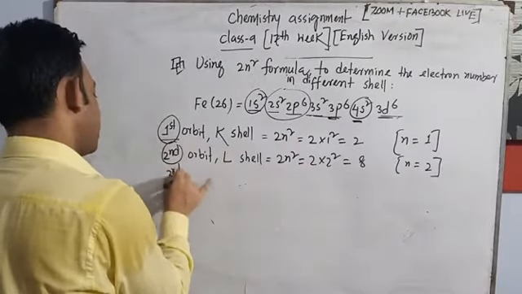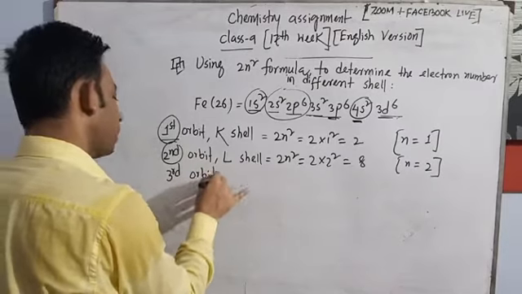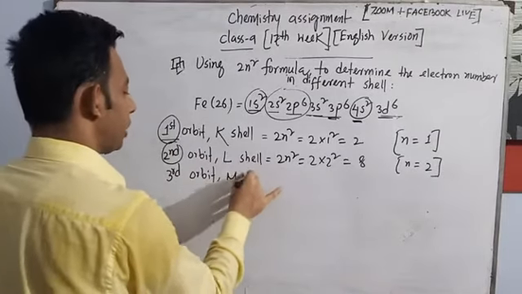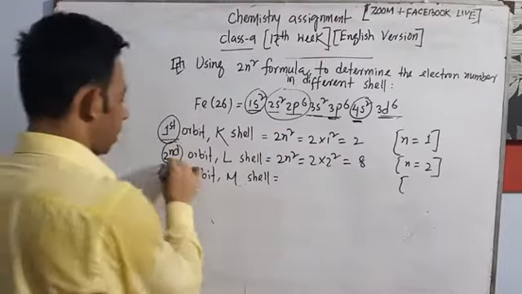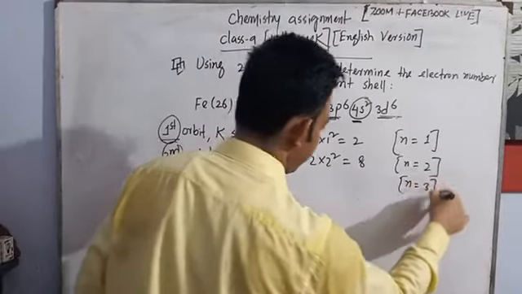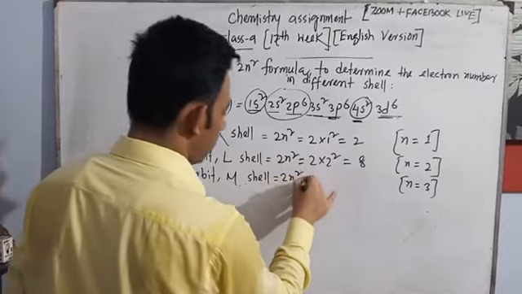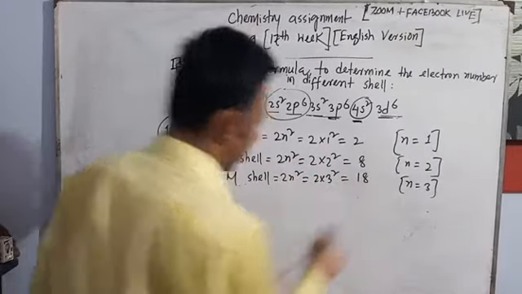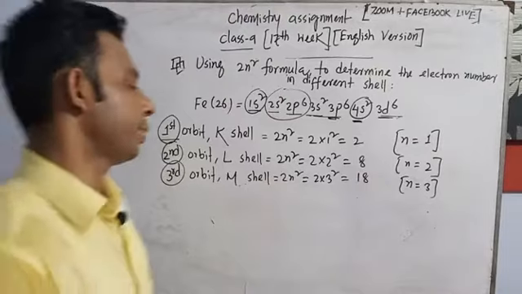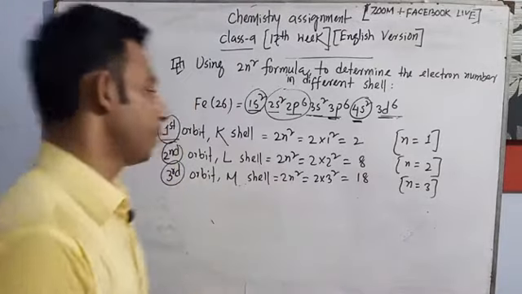Third orbit, M shell. Since it is the third, value of n equal to 3, 2n square formula, so 18. Number of electrons is 18 here.